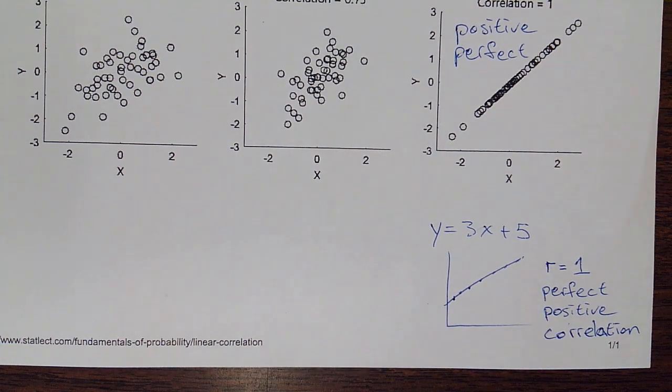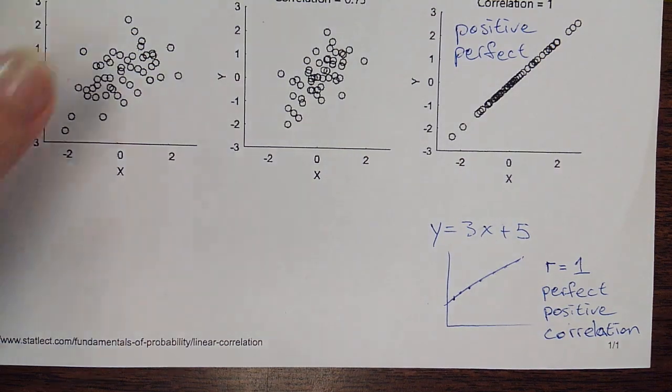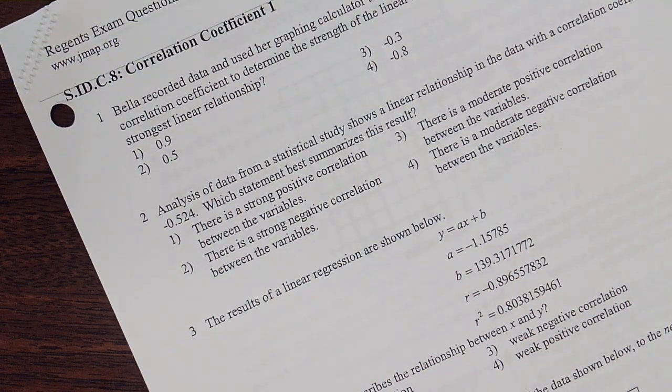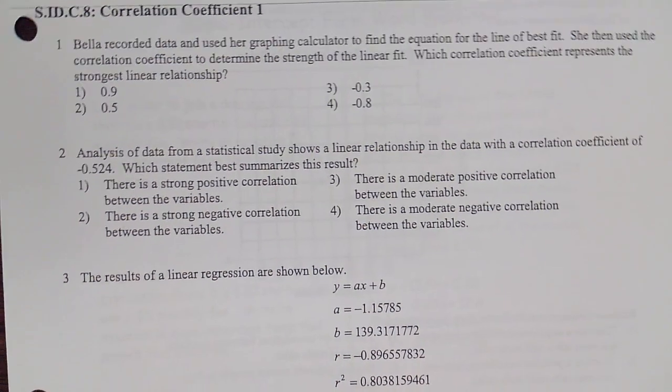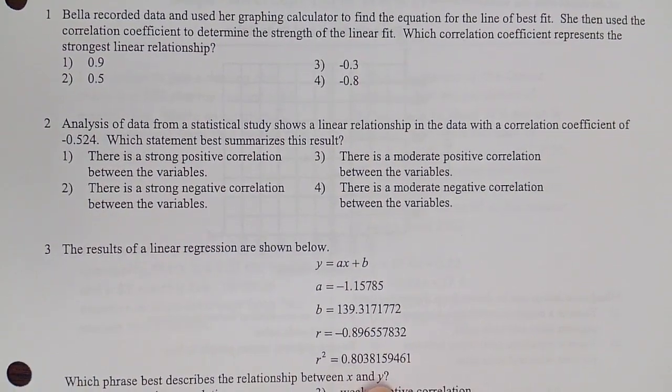It looks like a big package, but it's not. It's easy. We're gonna do half of it together right now. Let's go through some word problems with correlation coefficient.